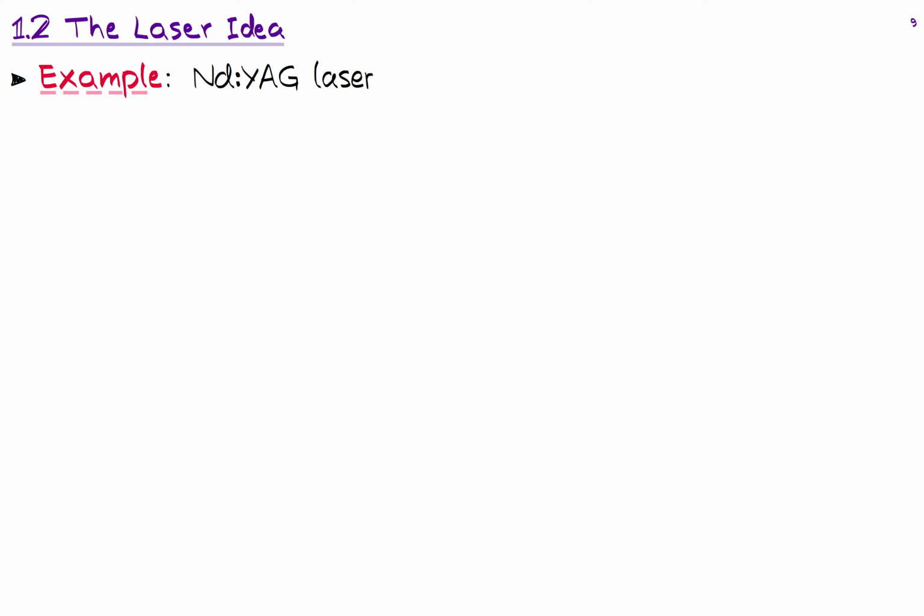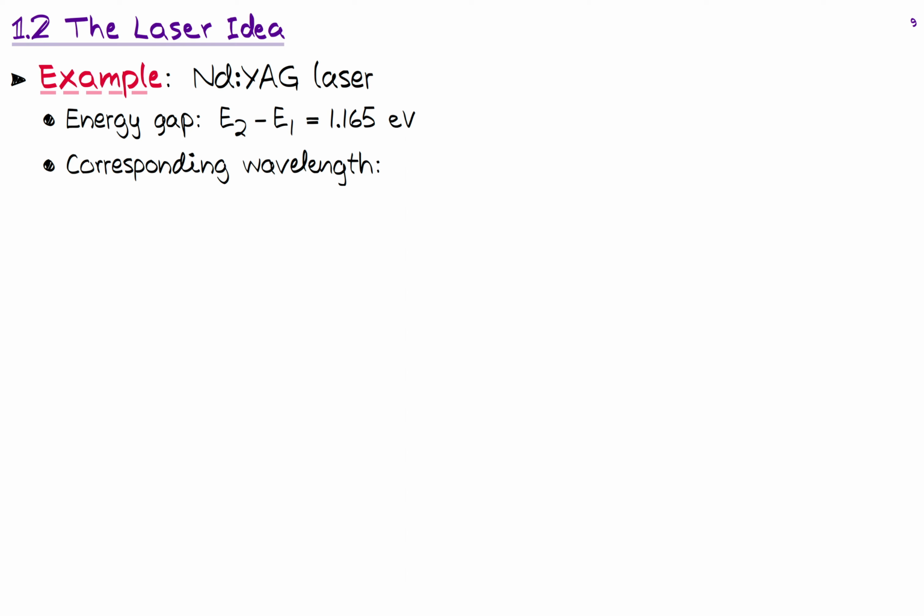Let's now plug in some simple calculations to estimate what happens at thermal equilibrium. Just to provide a tangible real-world example, let's consider a neodymium YAG laser. The energy gap between the lasing states, E2 minus E1, is close to 1.165 electron volts, which corresponds to a transition of 1064 nanometers.